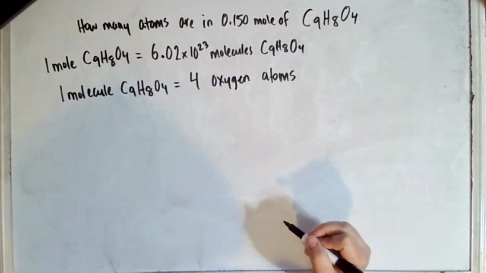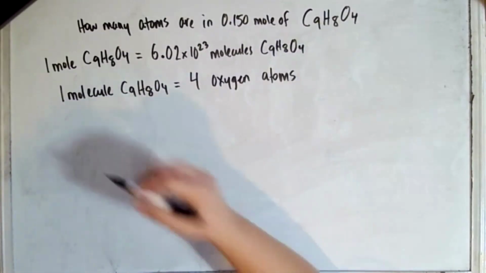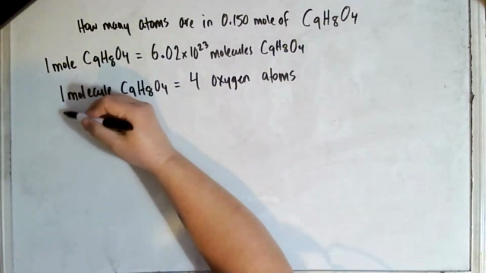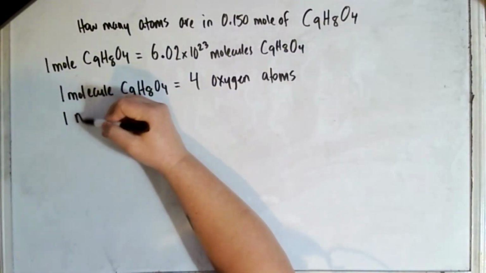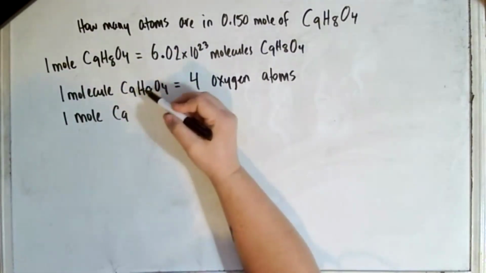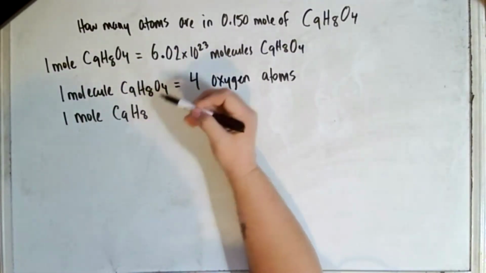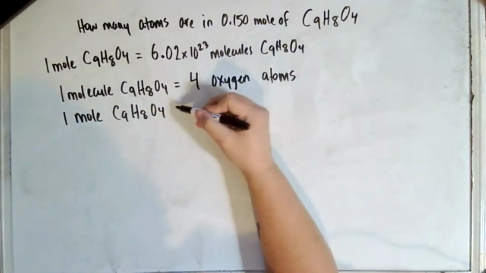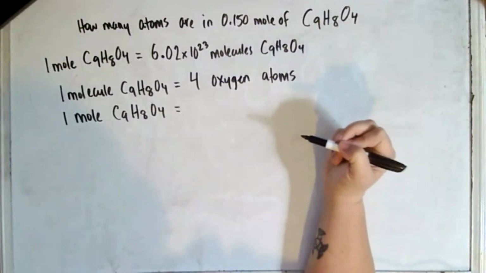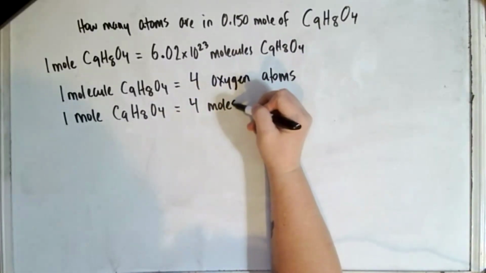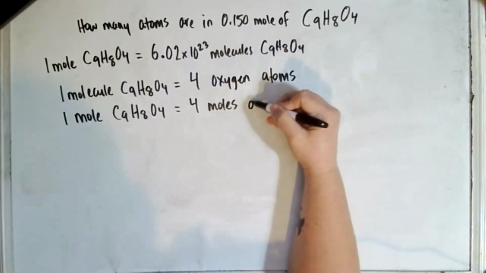We also know that based on what we just looked at in our last slide, every 1 mole of C9H8O4 tells us that we have that many moles of oxygen atoms.